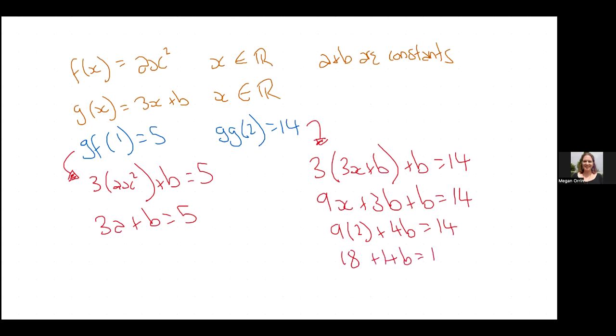So what's b? 14 minus 18 is negative 4, and 4b equals negative 4. Yeah, we're all good.